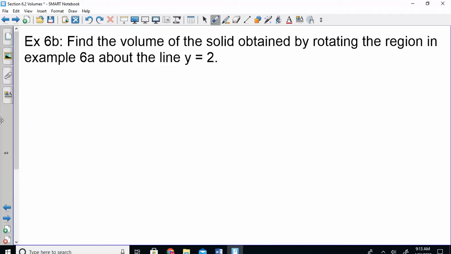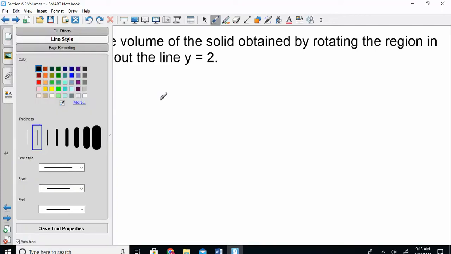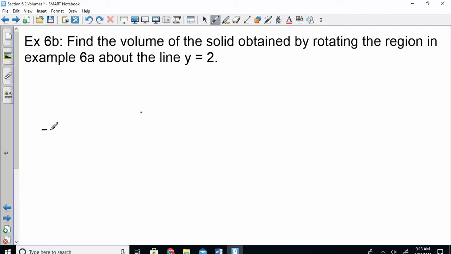So on this one, I want the volume of the solid obtained by rotating the region in example 6a, the one we just did, about the line y equals 2. So I am changing some of this.